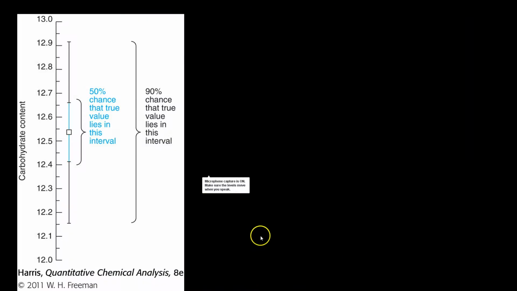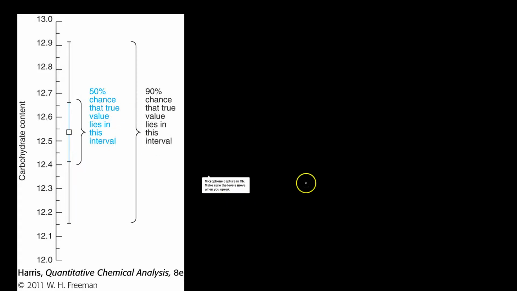Okay, so in order to think about this, I wanted to show you this picture from Harris. He gave you this example to illustrate confidence intervals. And basically as you increase the confidence level, you are expanding the range that the true value of a measurement may lie within.